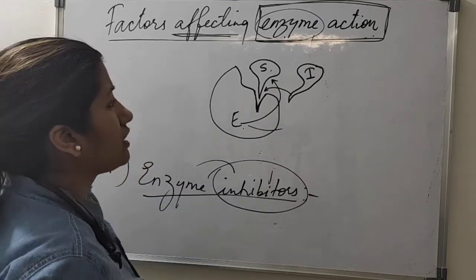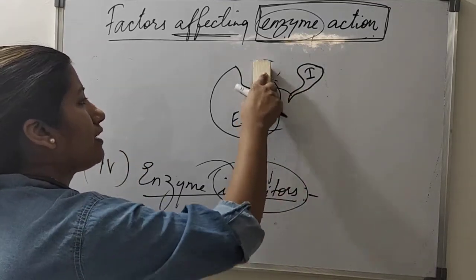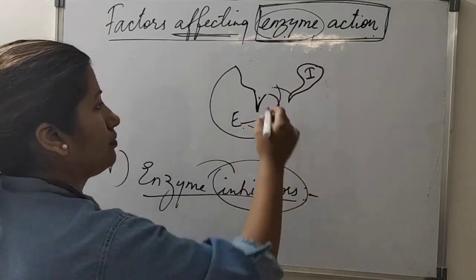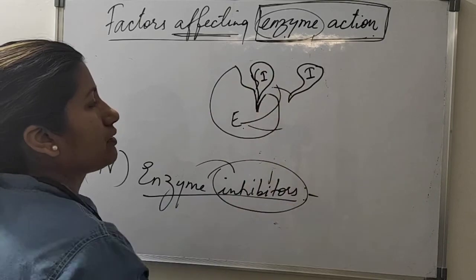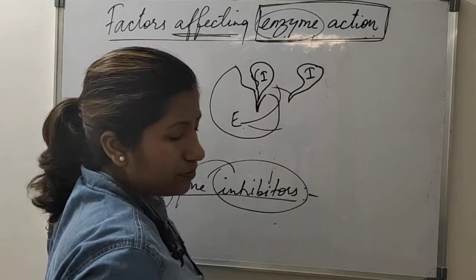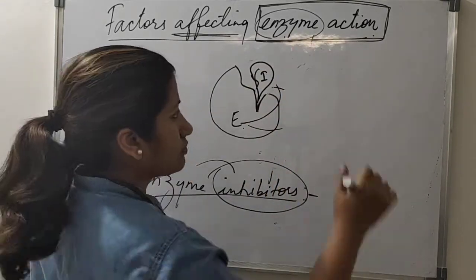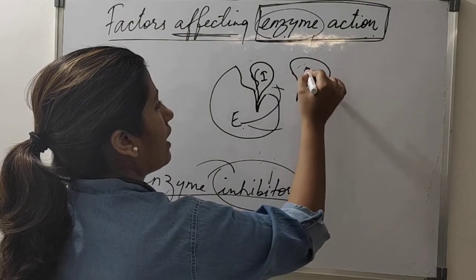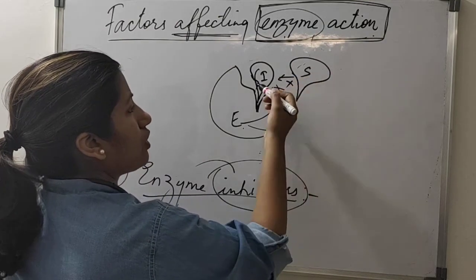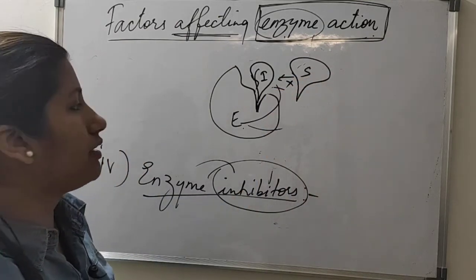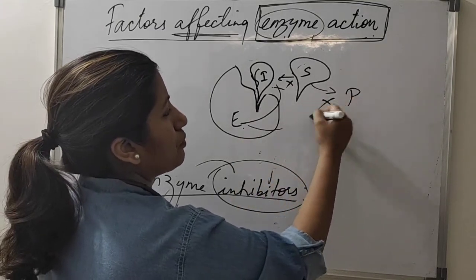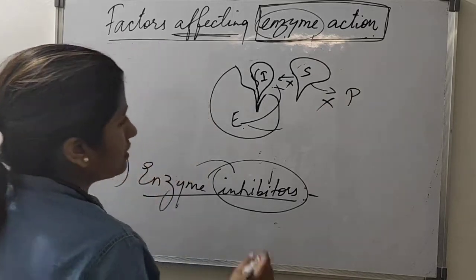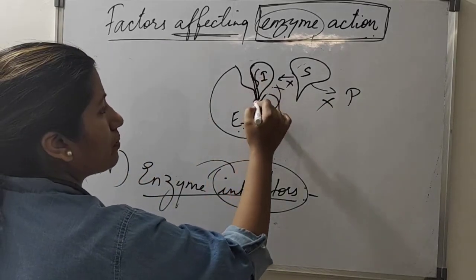If we add inhibitors here, the substrate which we had cannot fit in, because the inhibitor has already fitted into this active site. Now this substrate cannot get converted into product, because the enzyme has already been stopped.